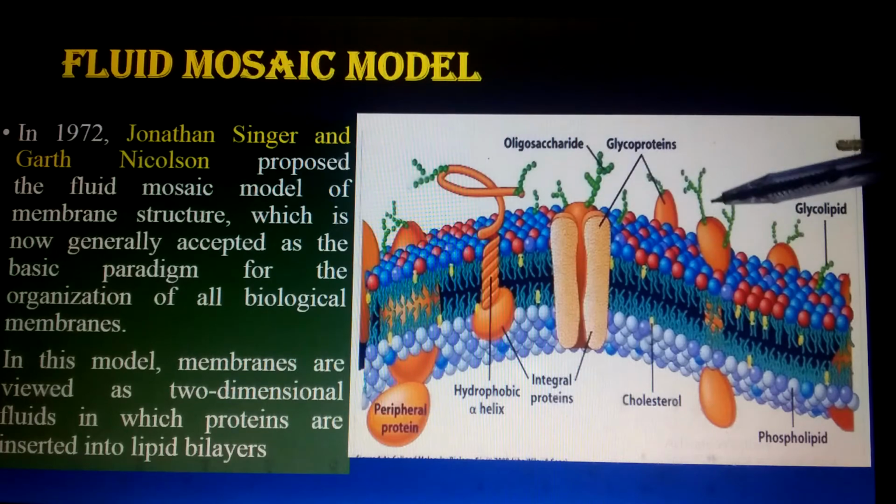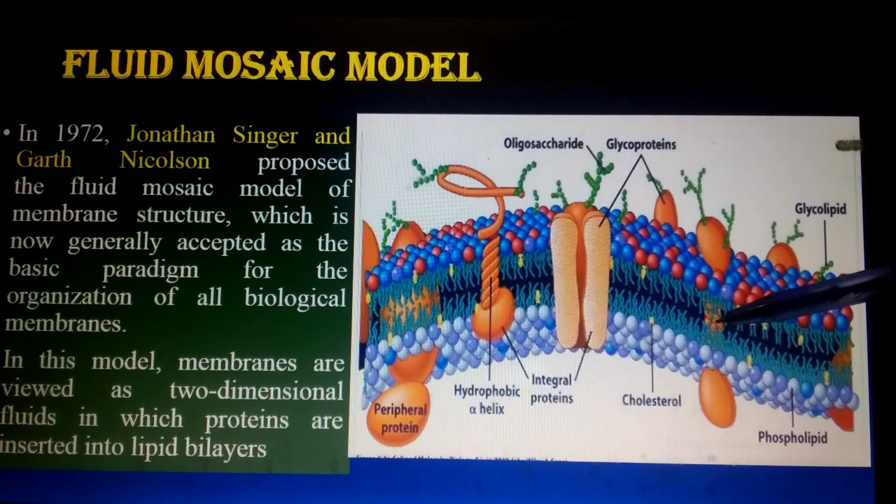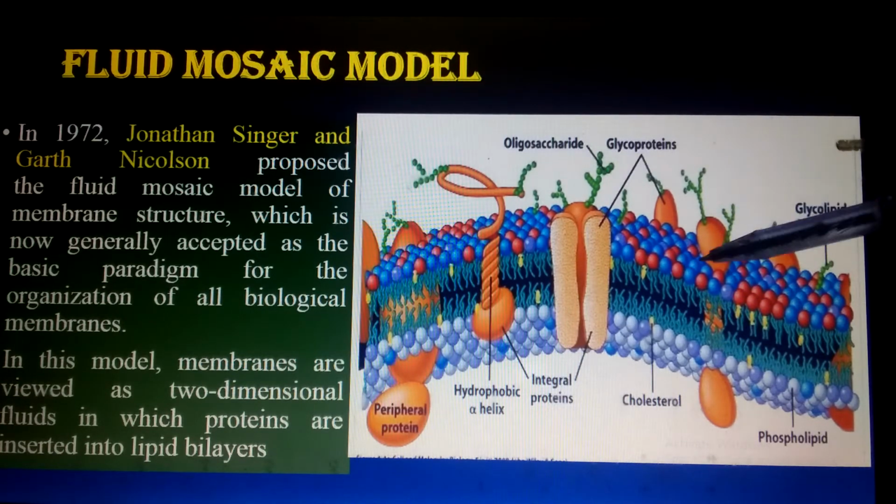So the proteins float in the sea of the lipids. This fluidity is provided by the phospholipids, lipid bilayer, and the mosaic pattern is because of the scattering of the proteins. So in this model, membranes are viewed as a two-dimensional fluid in which proteins are inserted into the lipid bilayer. Is it clear? Fluid mosaic model.